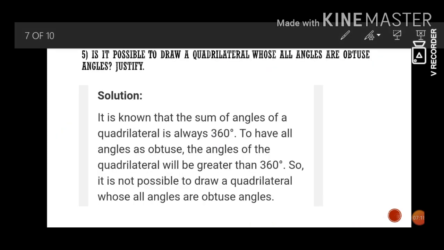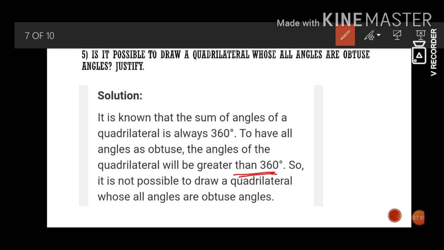Question number 5. Is it possible to draw a quadrilateral whose all angles are obtuse? Justify this statement. So it is obviously not possible for all angles to be obtuse. We know that the sum of the angles of a quadrilateral is 360. Obtuse means more than 90 degrees.